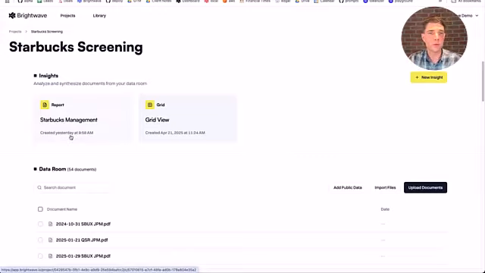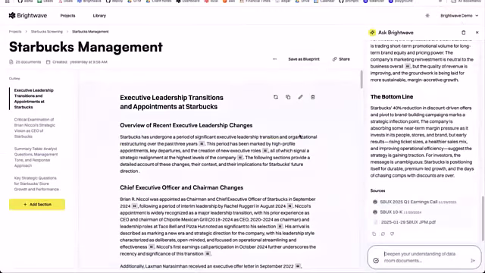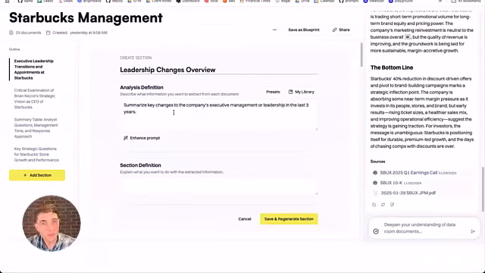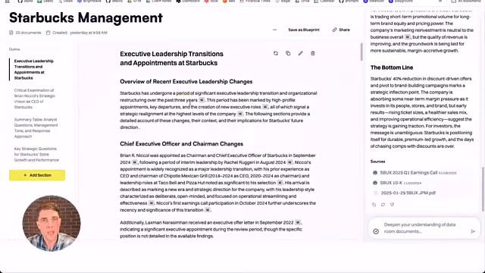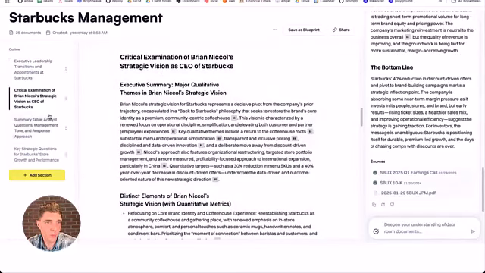So with respect to your case study, Brett, on Starbucks, we can define in Brightwave different factors that would be relevant to my consideration of the management timeline and management quality at Starbucks, for example. And what Brightwave is going to do for any of these sections in this report, whether it's, what is Brian Nichols' strategic vision?